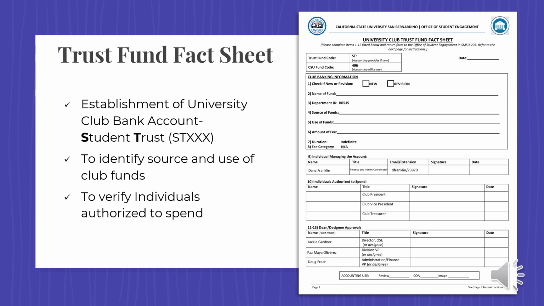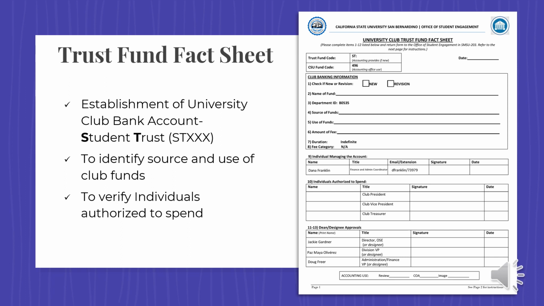The form fields indicate how your organization generates revenue as source of funds, i.e. membership dues, fundraisers, donations, etc., as well as your planned types of expenses as use of funds, i.e. promotional items, conference registrations, event supplies, etc. The authorized individuals or financially responsible officers are the president, vice president, and treasurer. The president of your organization will have provided this information to us in the Coyote Connection registration form.